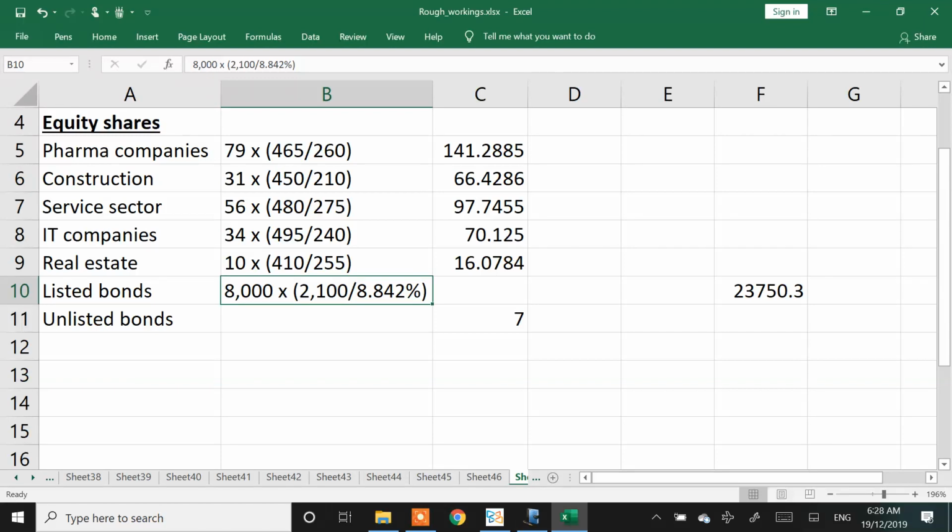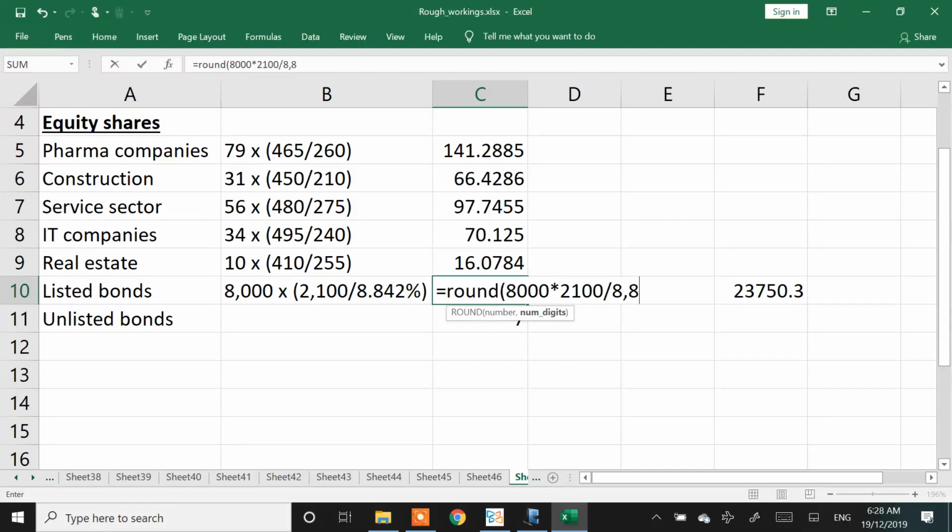Divide by 8.842%, and in this way my listed bonds will quote at a premium. Because I am paying far higher than what people expect. So people are expecting only 8.842%. I end up paying some 14%. 8,000 bonds into 2,100 divided by 8.842%.